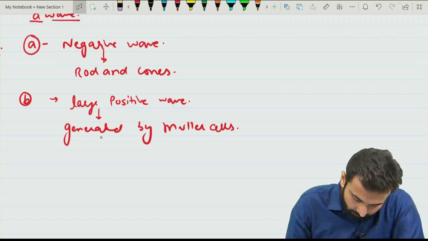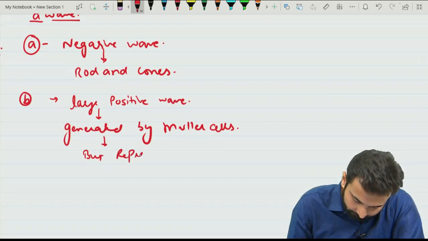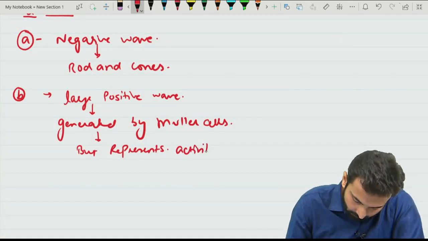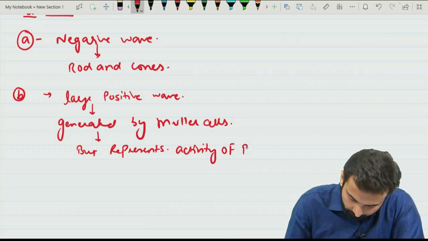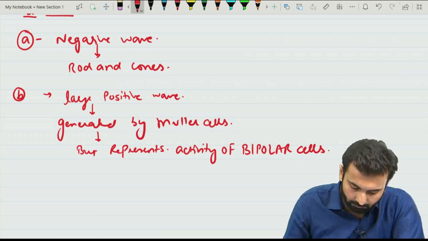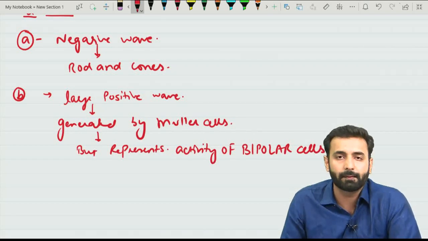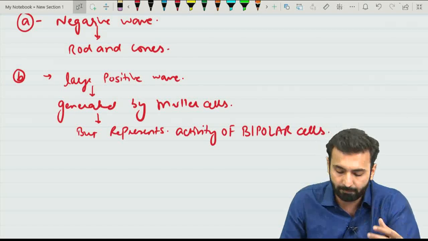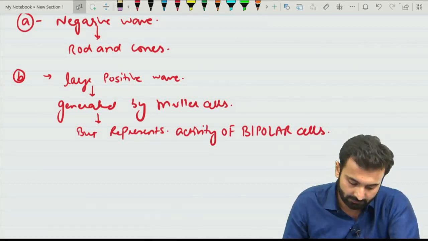So write down, it represents the activity of bipolar cells, right? B for B wave and B for bipolar cells, you can easily remember this. The B wave is important. It represents the activity of bipolar cells.